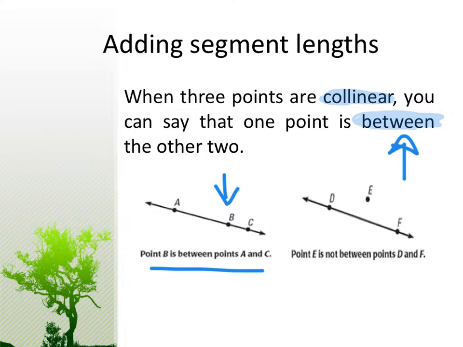Point E isn't collinear, right? Correct. E is not collinear. It's not on the line, so it would be non-collinear. Any questions about adding segment lengths here? All right, let's go on.